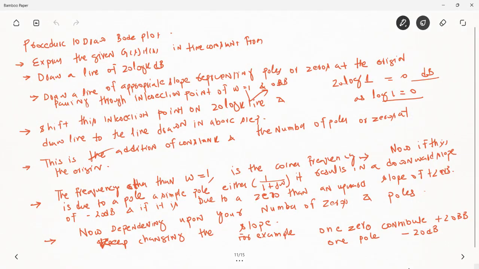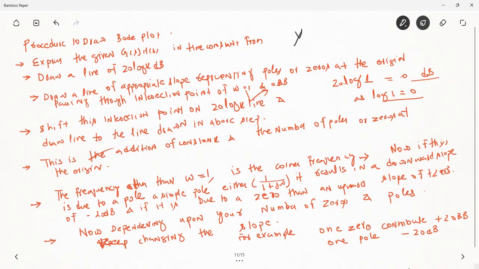Now the procedure to draw the Bode plot is basically to express the given G of s in the time constant form, and draw a line of 20 log k. k is the initial slope, right? So how do you calculate this initial slope?